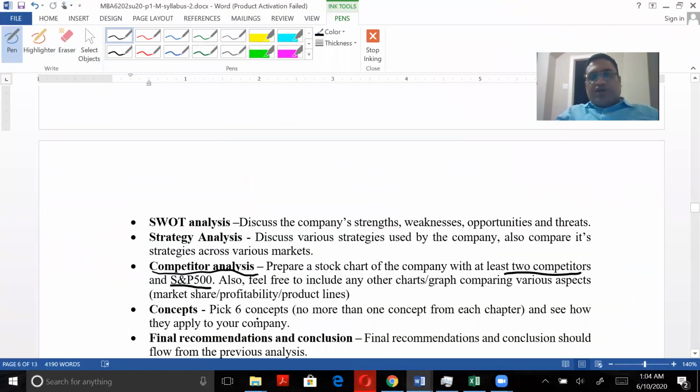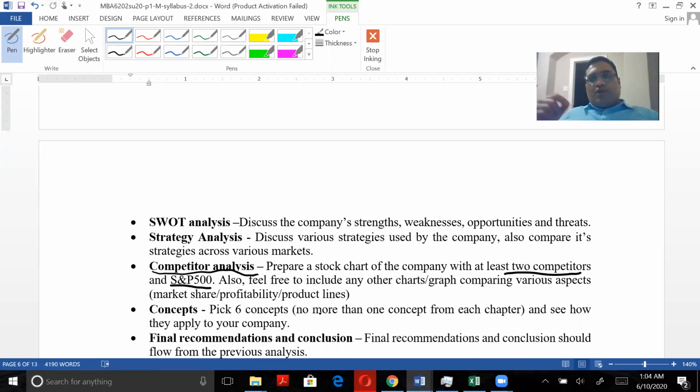And then pick 6 concepts, so no more than 1 concept from each chapter, and how it applies to your company. An example of that would be, let's say, the strategy Walmart uses is a low-cost strategy. That's from your chapter. And again, when you're talking about concepts, you don't have to go in depth on the concept. You actually have to talk about how it applies to your company.